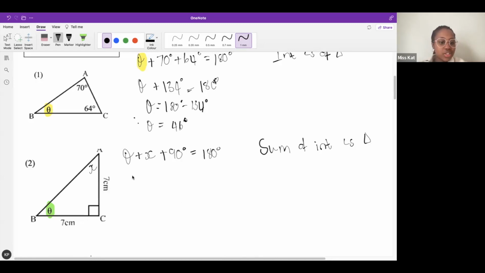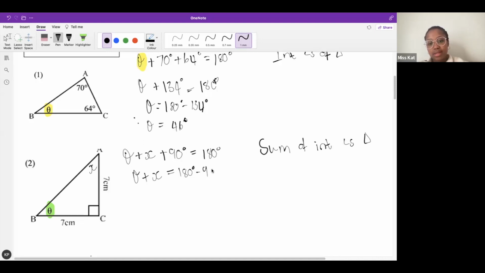And then, ma'am, we group the like terms. Okay, are they like terms here? Which ones are like terms? Oh no, ma'am, sorry, it's not. We just say theta plus X is equal to 180 minus 90.